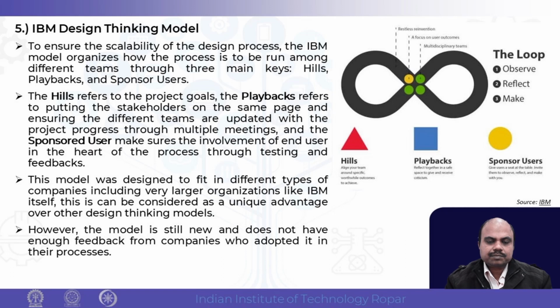The hill refers to the project goals, the playback refers to putting the stakeholders on the same page and ensuring the different teams are adapted to the project progress through multiple meetings, and the sponsor user makes sure the end user is involved at the heart of the process through testing and feedback.